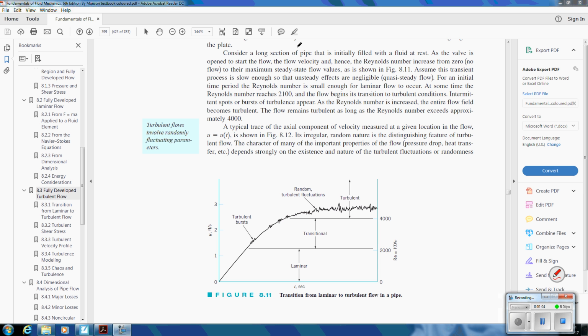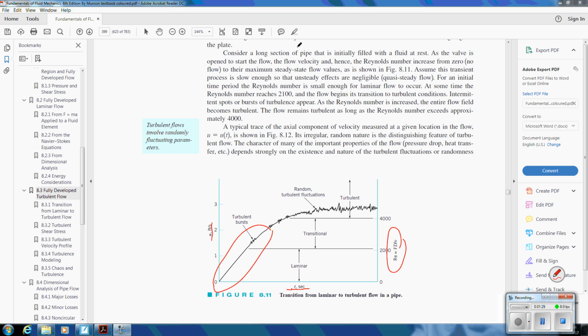Figure 8.11, we can see it shows time versus the axial component of the velocity in the pipe. At the beginning, the axial velocity increases with time if we increase the volume flow rate, for example. At the same time, the Reynolds number will increase.